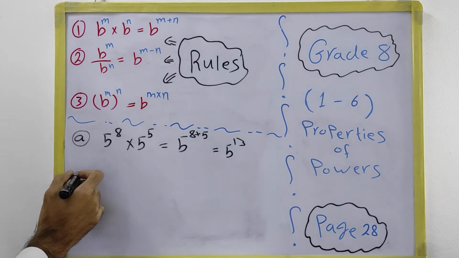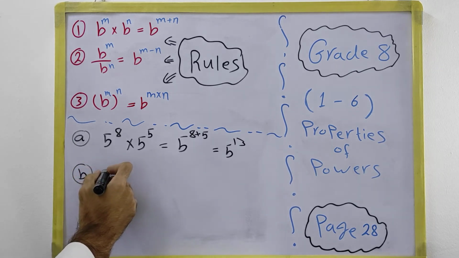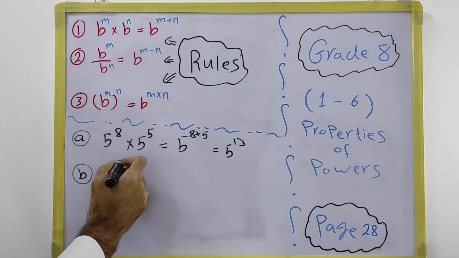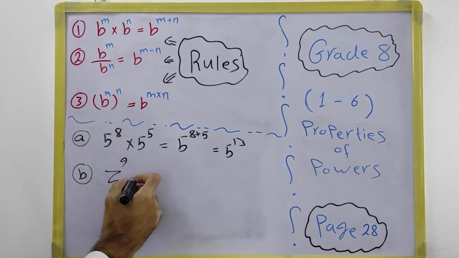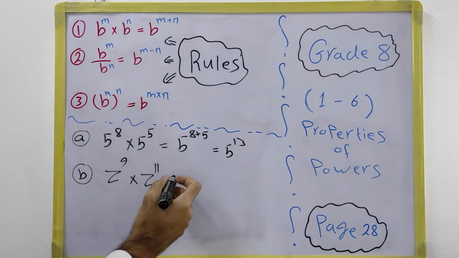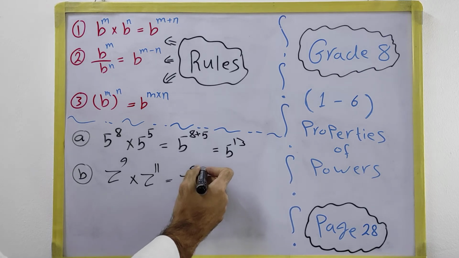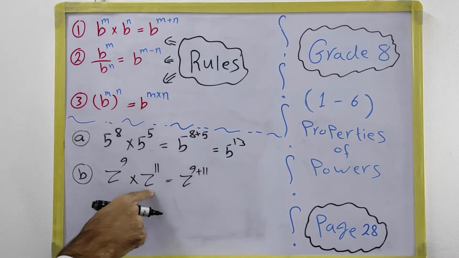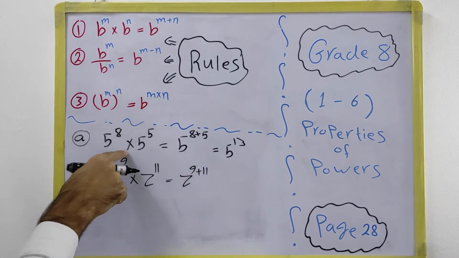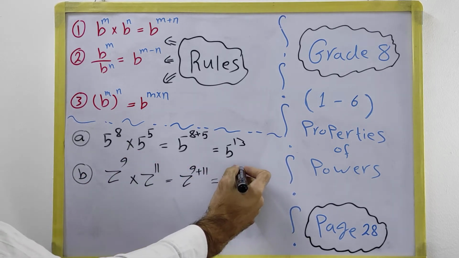Or let's say another example, z to the power of 9 multiply z to the power of 11 equals z to the power of 9 plus 11. The same base, multiply between them, you add the powers. Z to the power of 20.